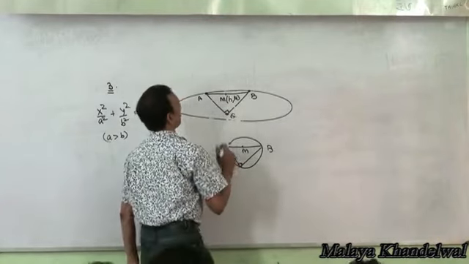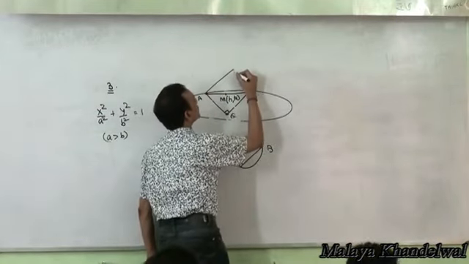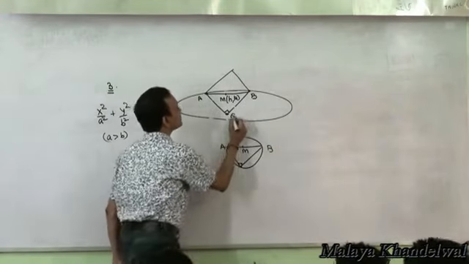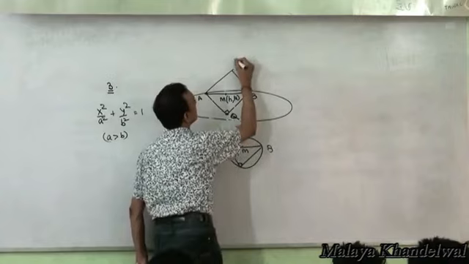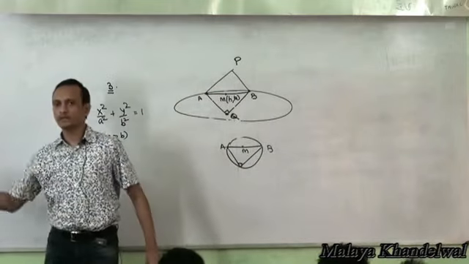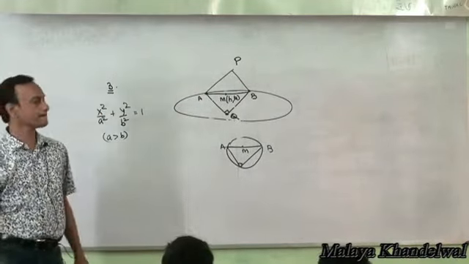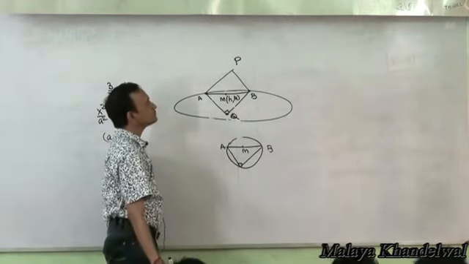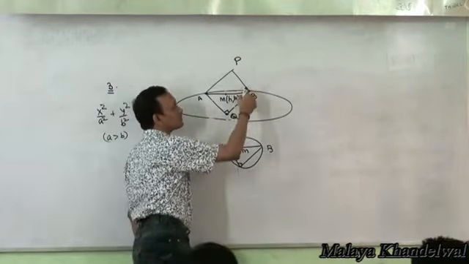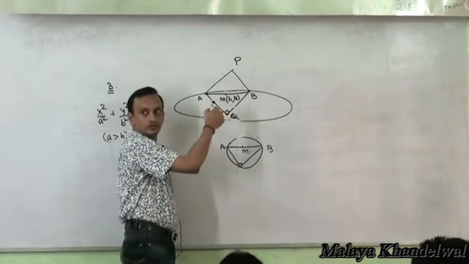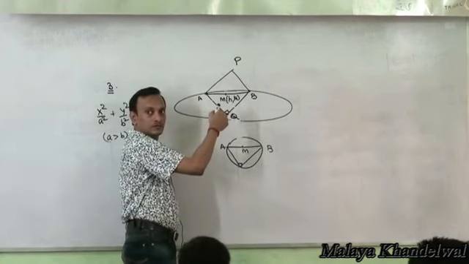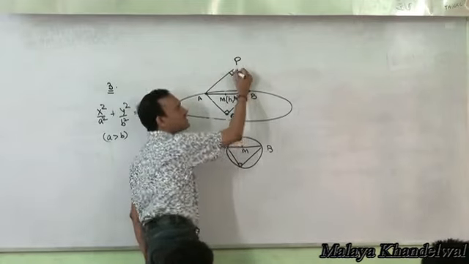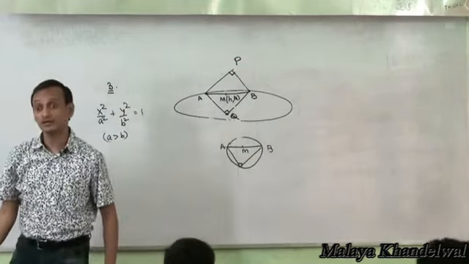Now, at A, I can draw a tangent. At B, I can draw a tangent. Let's say these tangents intersect at P. Obviously, the normals are perpendicular to each other. The tangents will also be perpendicular to each other.